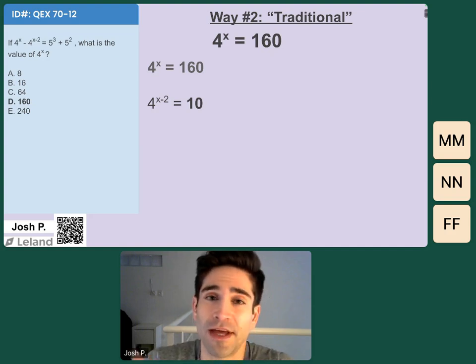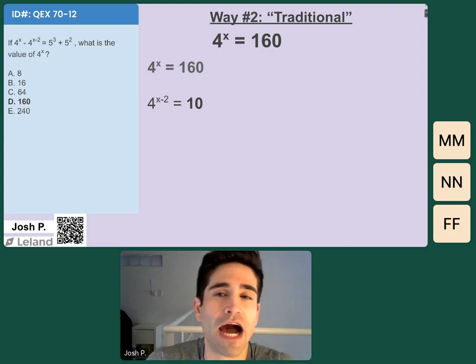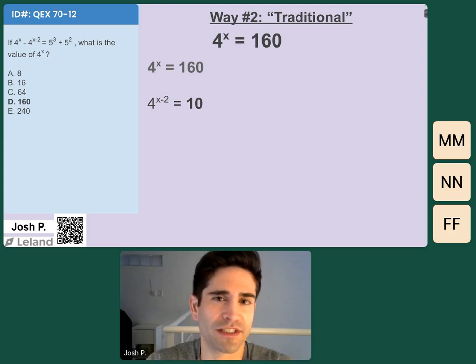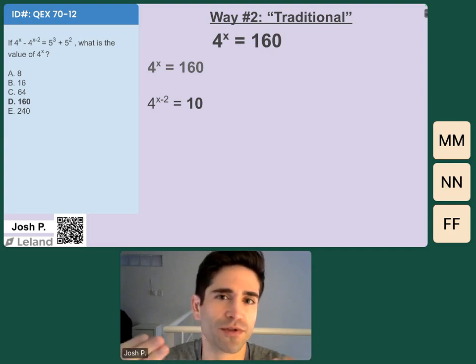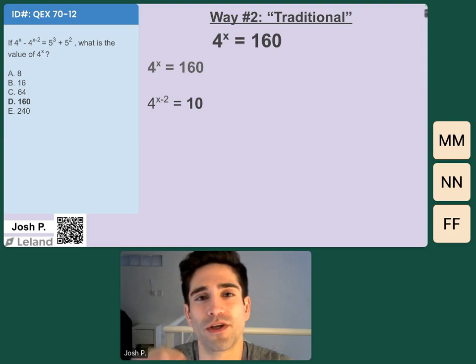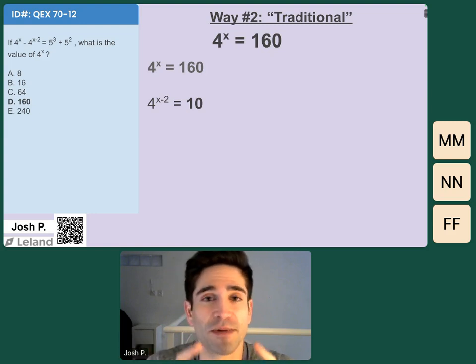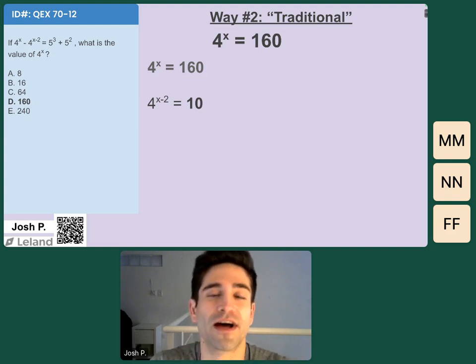And I tell them, if your goal is to go into an exercise thinking, how can I make my life easy? Then you will give yourself the time and space to breathe and look at everything you have at your disposal. So that's the point when you will decide if it's better for you to use back solving or traditional algebraic methodologies.